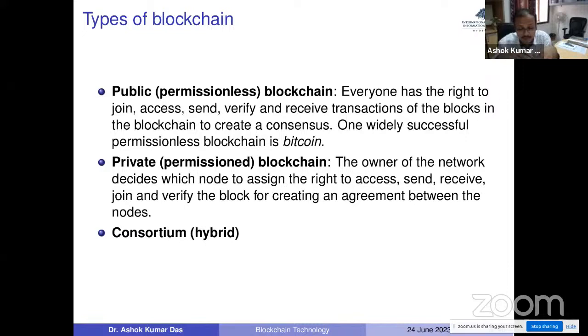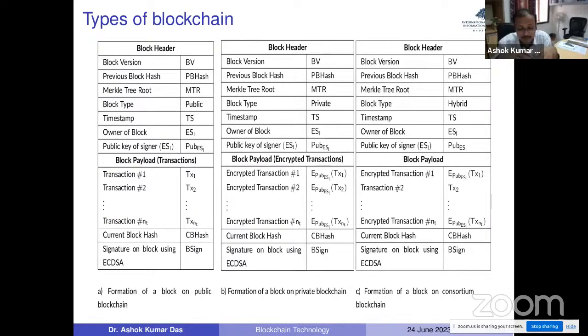That data is private and is put in encrypted format in the blockchain. So therefore, there is a need for such a hybrid or consortium blockchain where we can put the majority of the public data, but also store the private data in the blockchain. This is one of the examples that I will cite here.